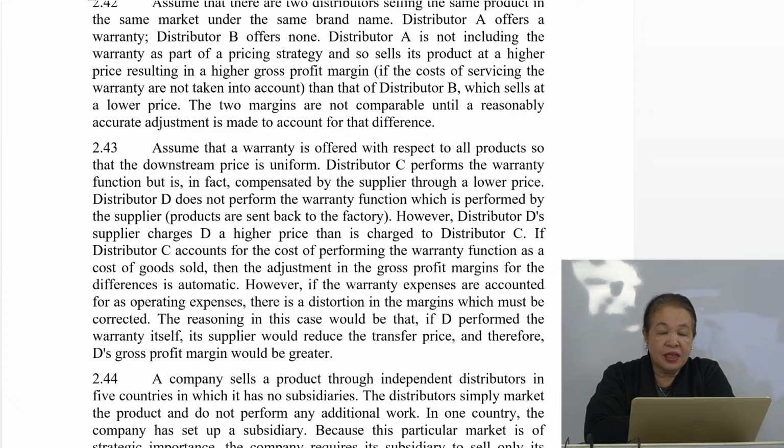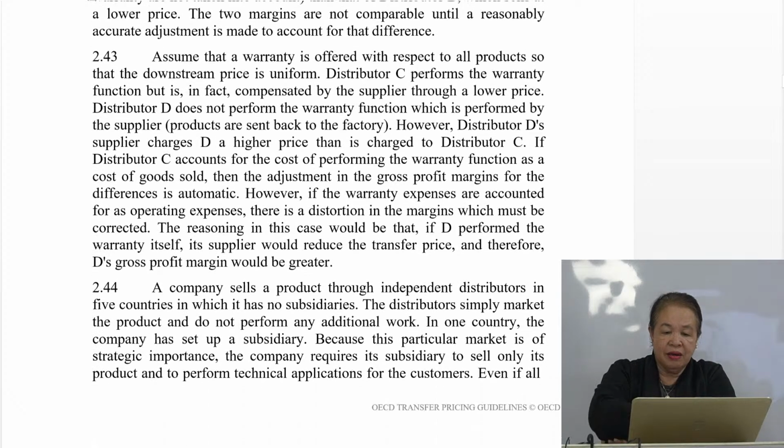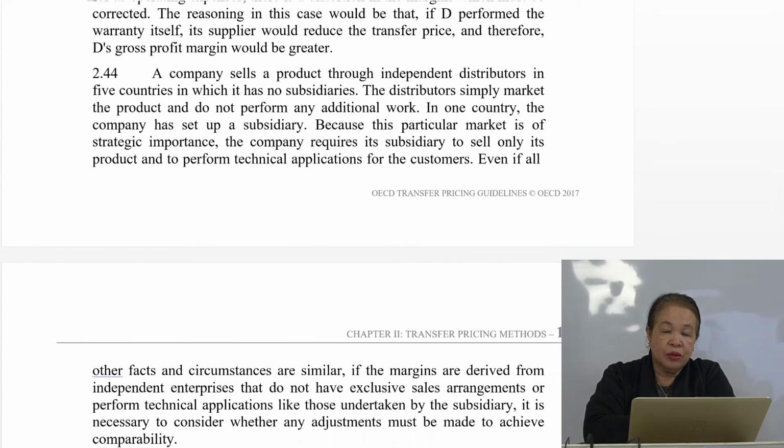Kasi yung warranty, ilagay mo sa operating expenses, of course, the gross profit is not affected. So the reasoning in this case would be that if D performed the warranty itself, its supplier would reduce the transfer price, and therefore this gross profit margin would be greater. No? Kasi yung cost of the warranty accounts for the difference.